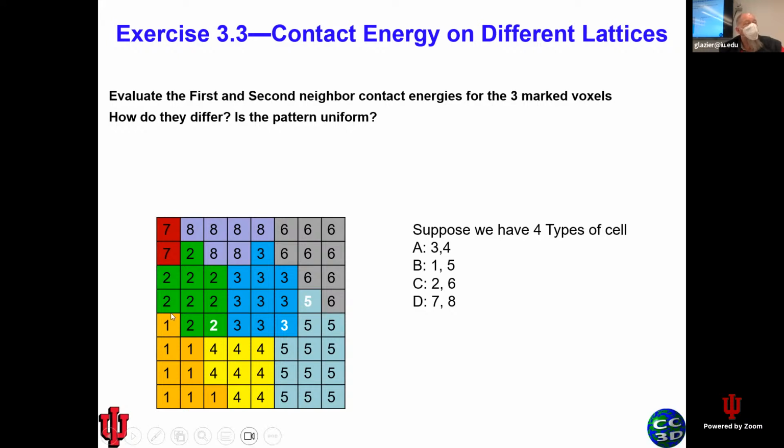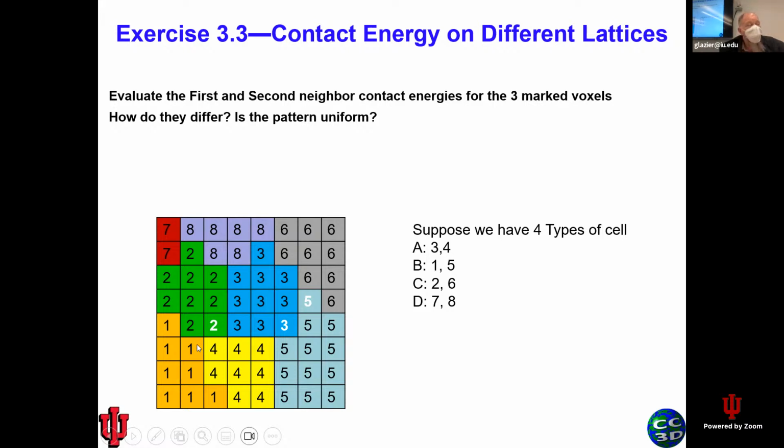What does the second neighbor, somebody want to walk through the second neighbor for that voxel? Alex, can you do that with me? We'd have like BC, is that how you do it? So who are my next neighbors? The second neighbor would include this 1 and this 4, as well as that 4 and that 3.